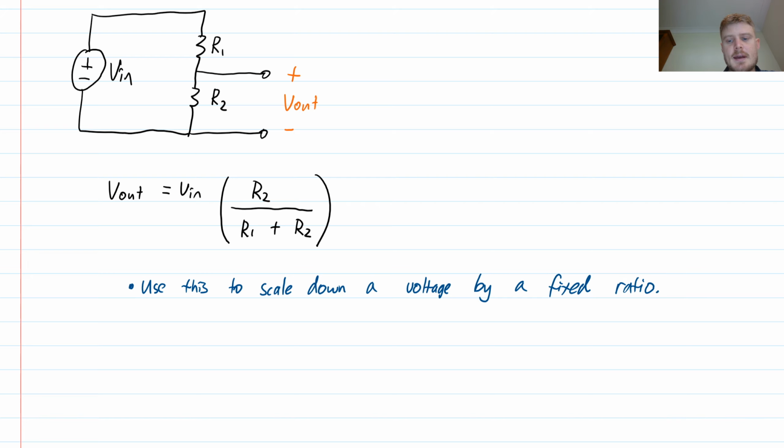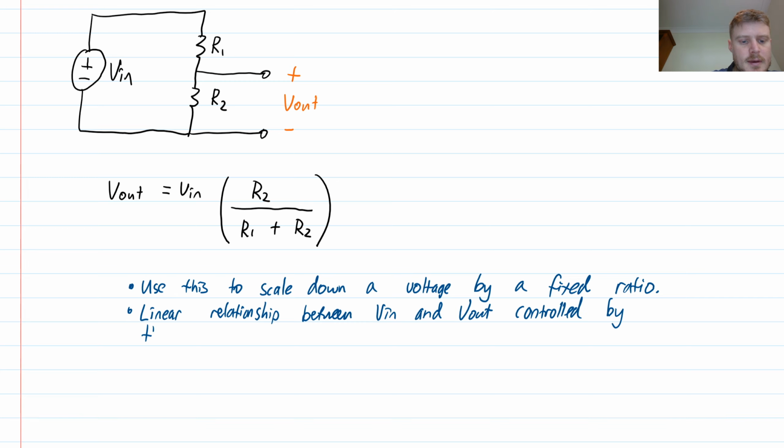Basically, this is a linear relationship between V in and V out, controlled by the resistors that are used.